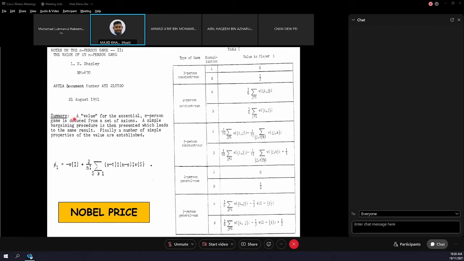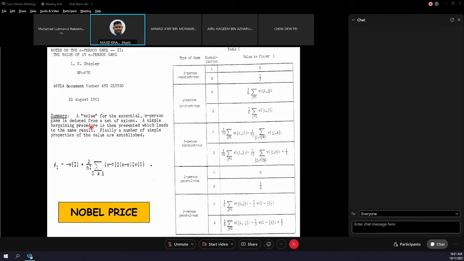Here he said that a value for the essentials of n persons game is deduced from a set of axioms. It means that in order to eliminate some of the players, the transfer utility or the payoff is essential to reduce some of the players. This is also called a simple bargaining procedure.